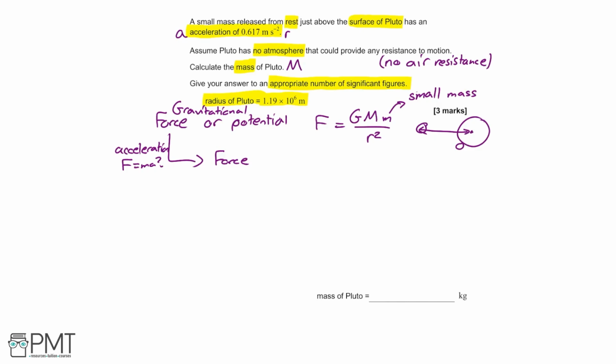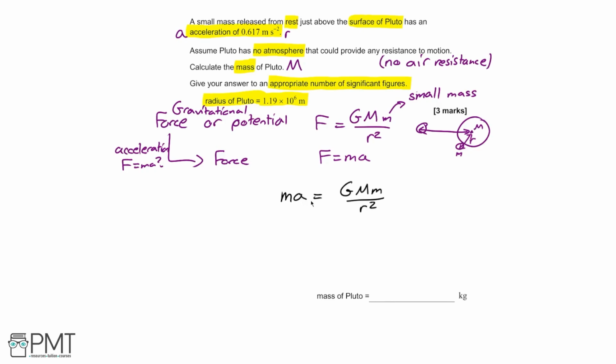So we can amend our diagram slightly. This is little m, this is big M, like so. And then we also know that F is equal to ma from Newton's second law. Therefore, we can set these equal to each other. So we have m times a is equal to G times big M times little m divided by r squared.